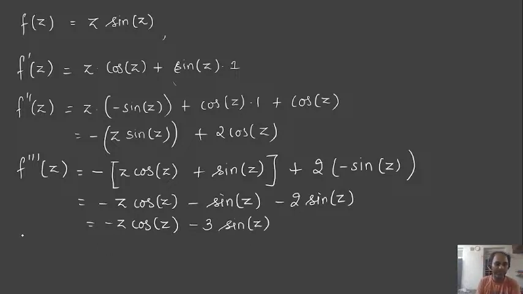The next is f fourth, or you can put 4 dashes, that is the fourth derivative of f of z. When you calculate the fourth derivative, you have already calculated the derivative of z cos z, but otherwise let us do it again, not a big problem.